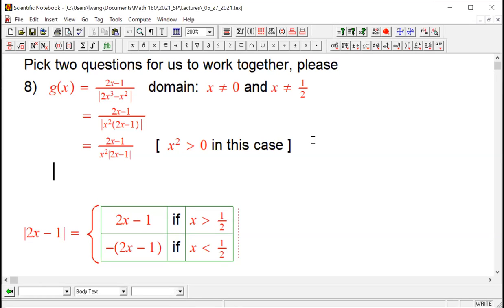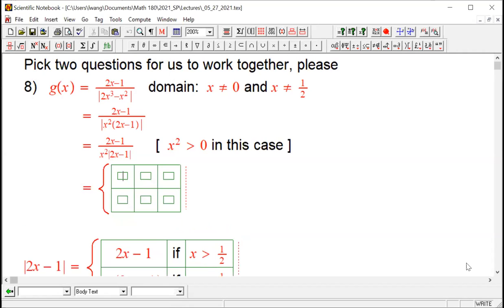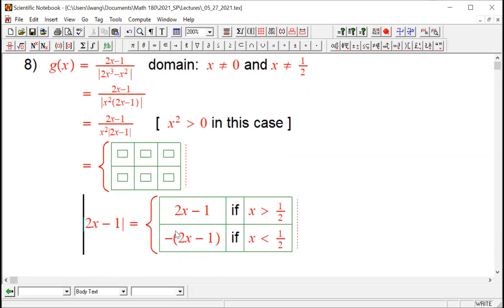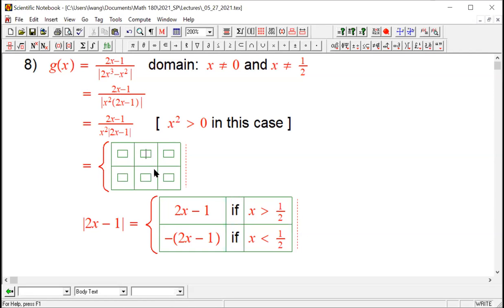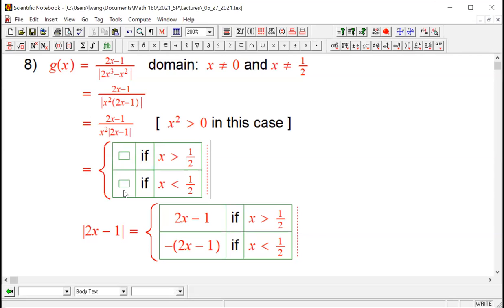And then what? We'll have those 2 branches once again, because of the latter expression. So all the conditions stay the same.